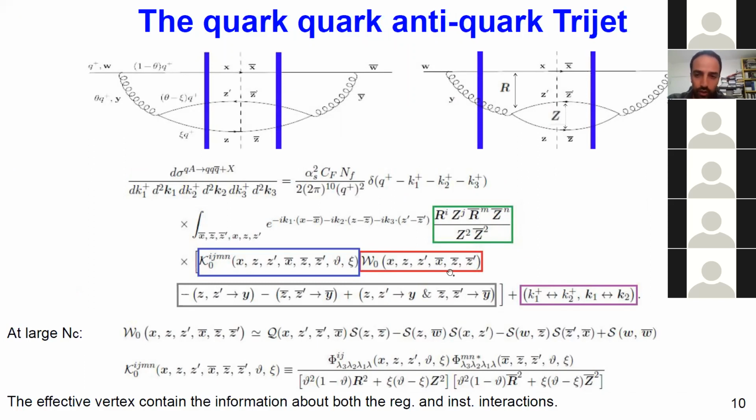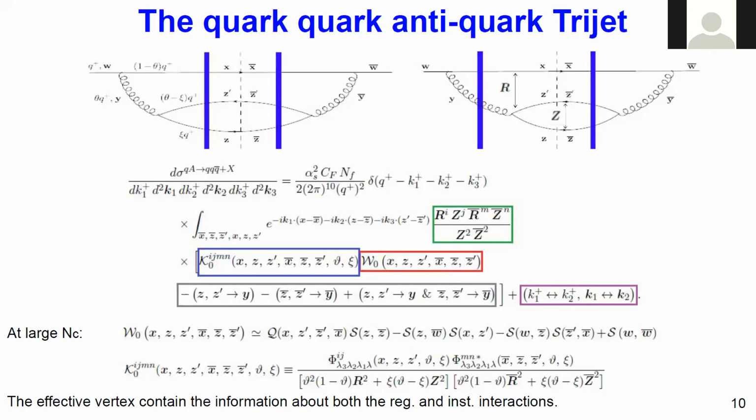I mean, whether you are doing it at leading order or next to leading order, you are taking average values on these expectation values. It doesn't matter if you compute leading order or next to leading order in that sense.